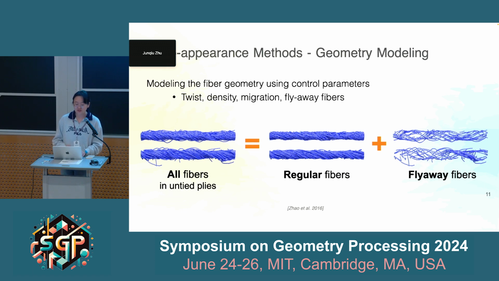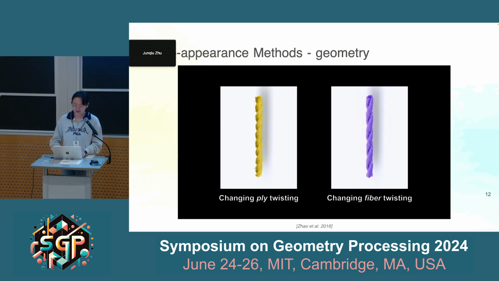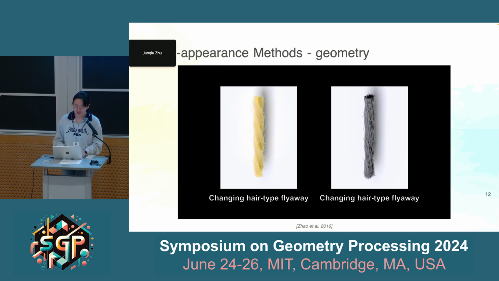So with the regular fibers handled, the remaining task is the flyaway fibers. Flyaway fibers are really important for visual realism, because we can imagine that without them, the clothes would look too perfect to be real. We can see from this video that this method can model different yarn geometry by easily changing the parameters.